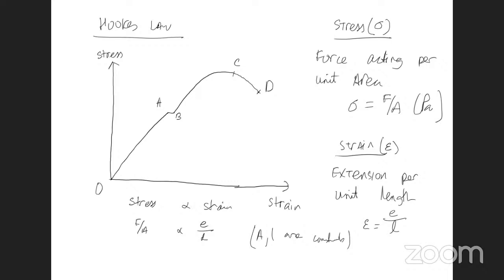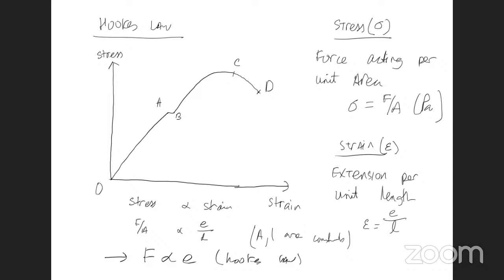L is the length, that won't change. But force and extension would change. So you can take off A and L, and you will see that F is proportional to E. Which law is that? Hooke's law.